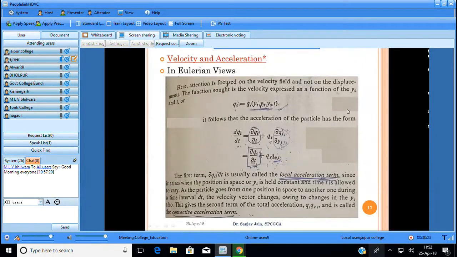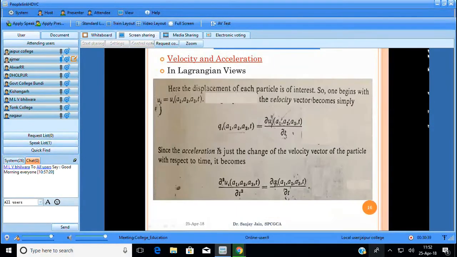Now we are taking velocity and acceleration and many other terms which are used in the next derivation. How do they work in the Lagrangian viewpoint or the Eulerian viewpoint? Here we are taking the displacement of each particle.